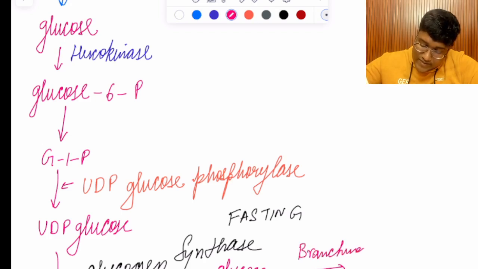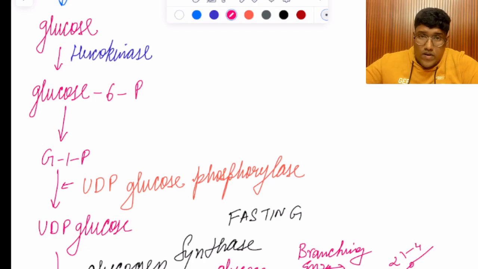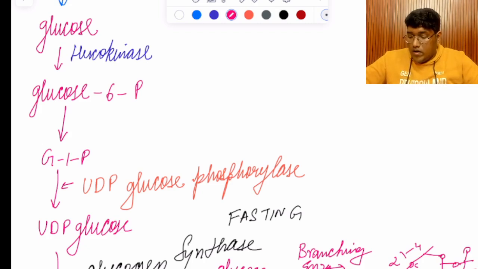We have a branching enzyme, and that branching enzyme is going to make an alpha 1,4, that is the carbon atom of this, followed by the carbon atom C4 of another glucose molecule, and it goes on. It keeps branching on and on. So you branch it however it is, right? So this is what happens.